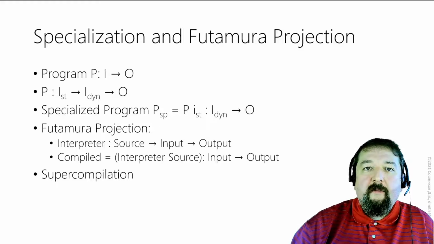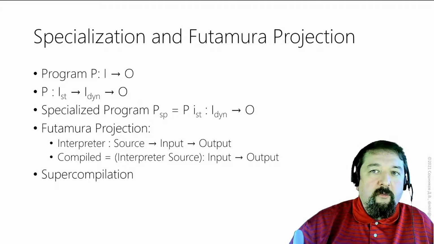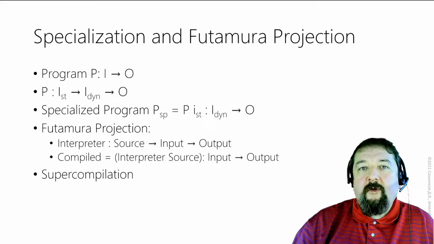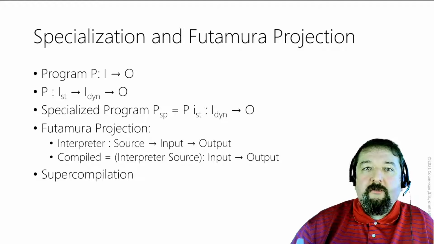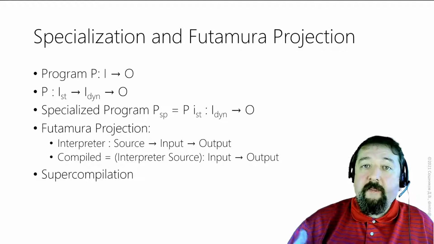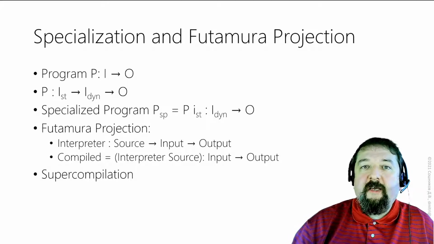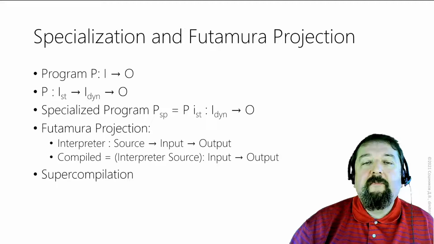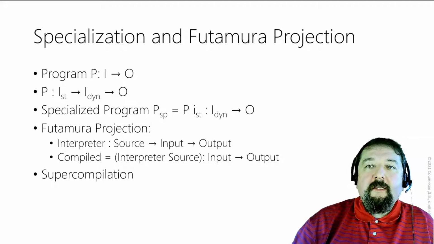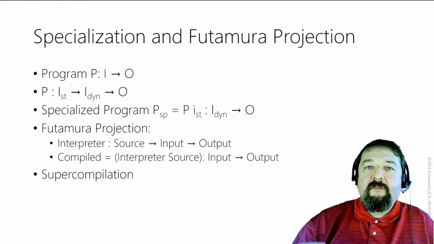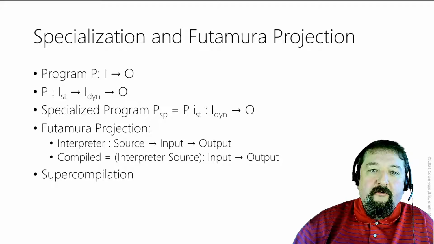We need to return 1. If we call it with n equals 1, we just need to return x. If we call it with n equals 2, we just need to return x times x. And those implementations are more efficient than having a generic loop. So this idea of program specialization is that sometimes it makes sense to consider those specific values, and that would allow us to optimize the program.